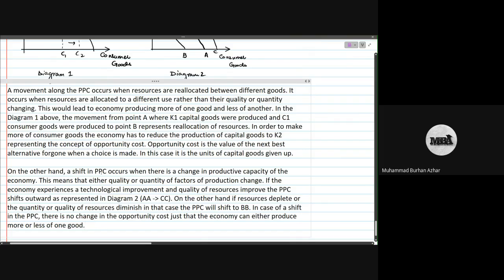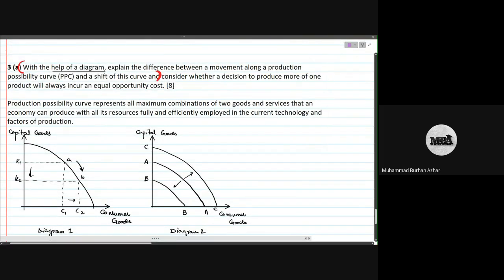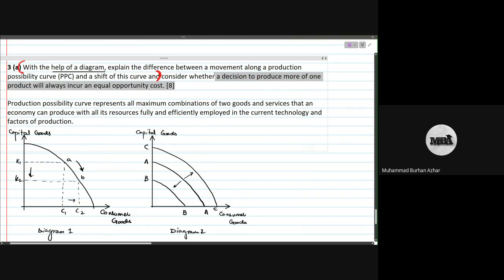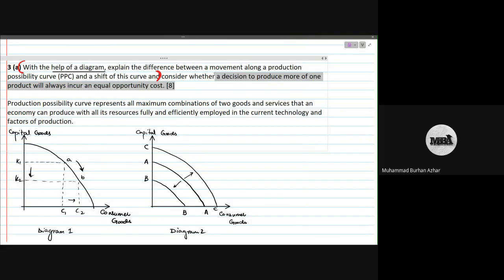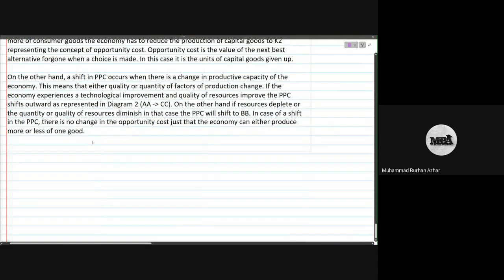Right? Now we need to explain. So we're now done with the first part, which is the difference between movement along the PPC and shift in the PPC. Now we have to explain: if you always produce more of one good, will equal opportunity cost always exist? So that's not the case, right?